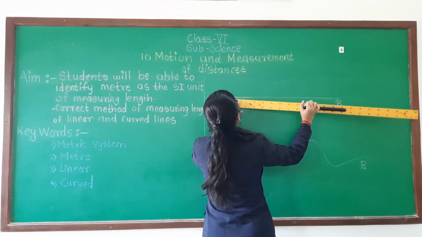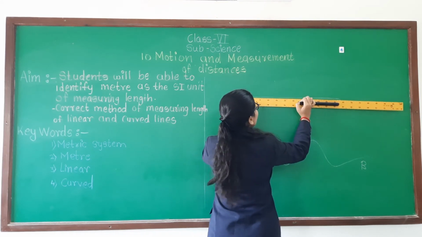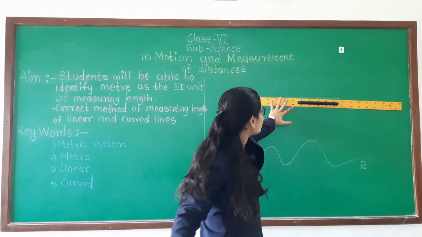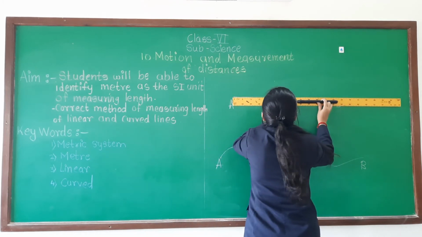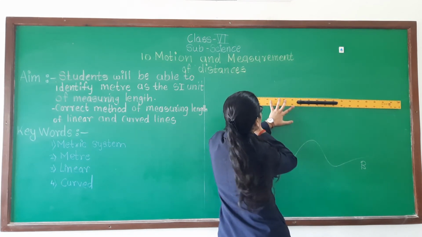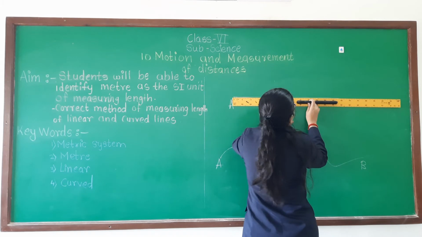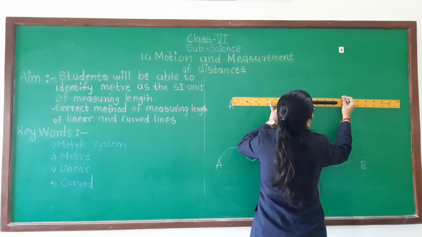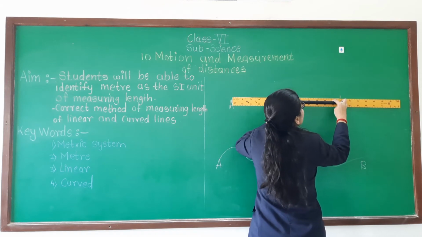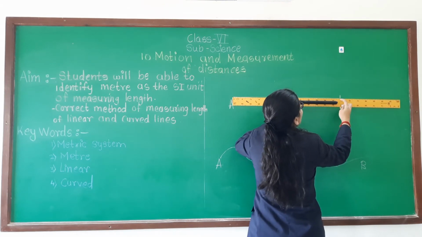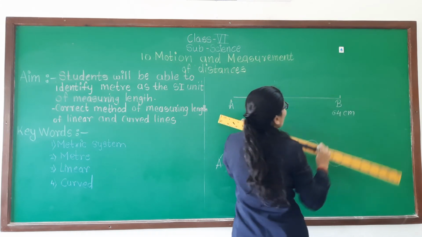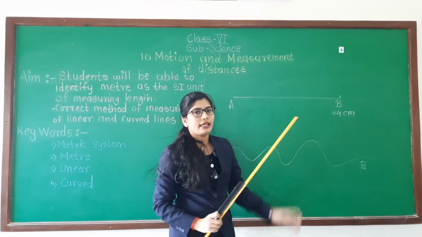You have to put the 0 at one end, keep your scale parallel to that line, and then measure the length. So here 60, 61, 62, 63, 64. So 64 centimeter is the correct measurement of the length.